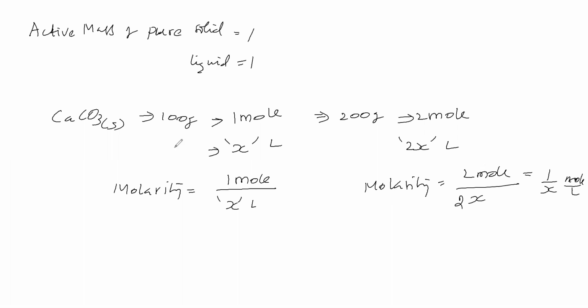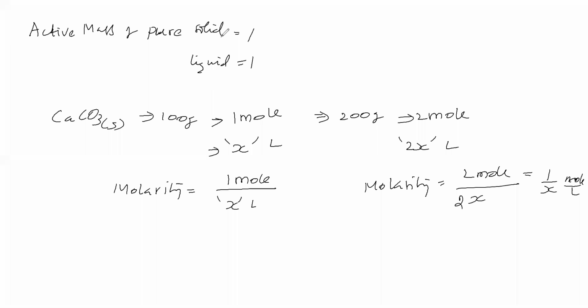Now see, 100 gram of calcium carbonate molarity, 200 gram of calcium carbonate molarity. So whatever the quantity of calcium carbonate, the molarity remains same. Therefore, active mass of pure solid is taken as 1.